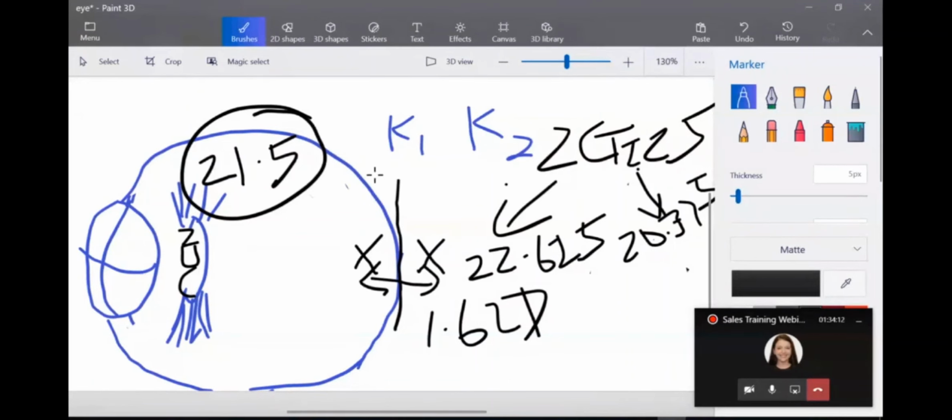All right. So when you use a toric lens that is ZCT225, it means that you have a little bit more power on one side and a little bit less power on the other side.